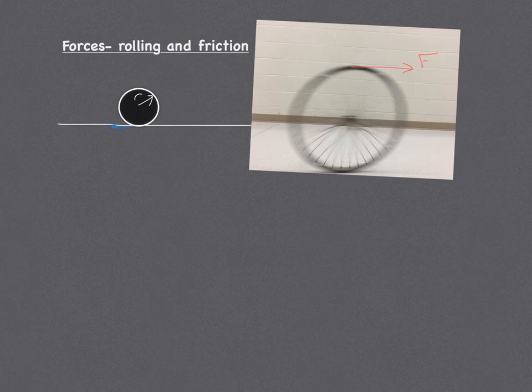And if the driving force is a torque, like your hand or the bike chain, then the friction is going to act opposite the directional motion of the particles, right? So here the particle's velocity is this way. It has to exert a force backwards on the ground, and therefore the ground exerts the frictional force forward on the wheel.